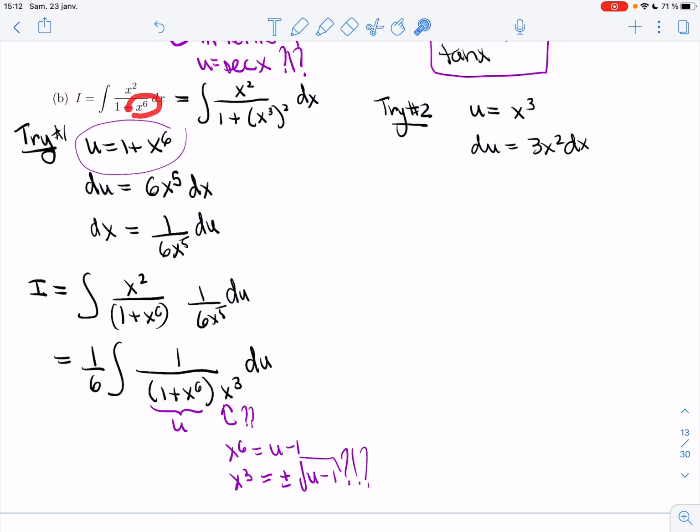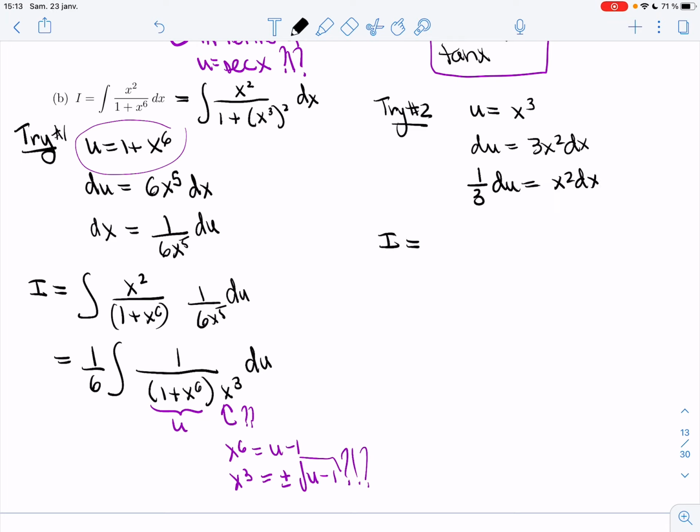So it was your job to see that inside the x to the 6 you had an x cubed, and so this was a possibility. It's the right one because I have 3x squared dx, and that's going to eat up the x squared. If I had an x to the 5 on top, this would be the right substitution to take. So here 1/3 du will be what I have on top.